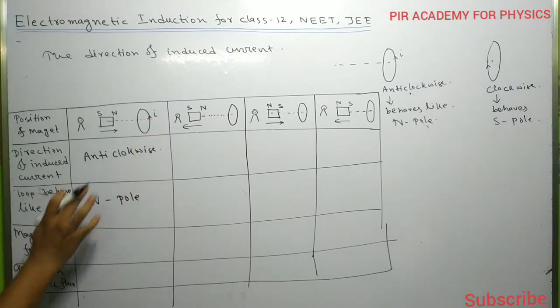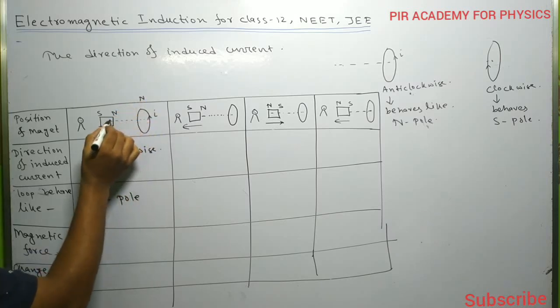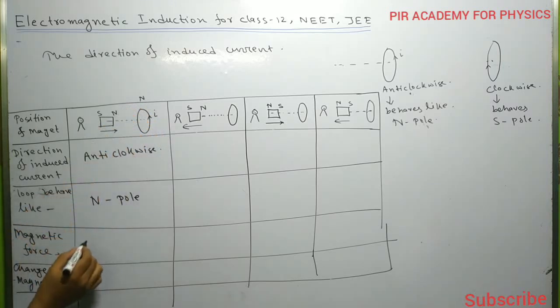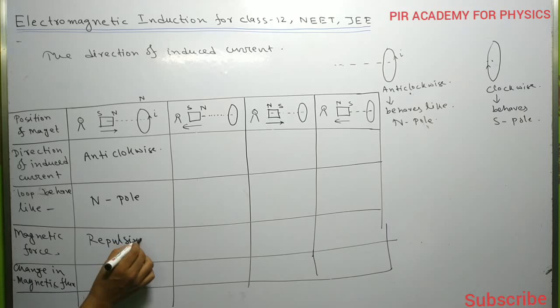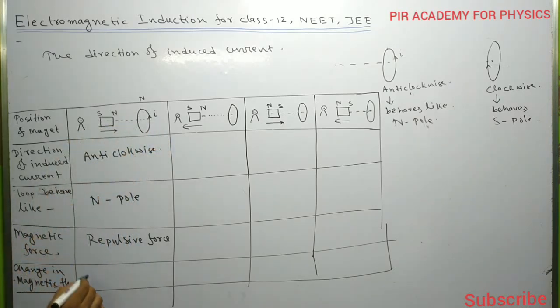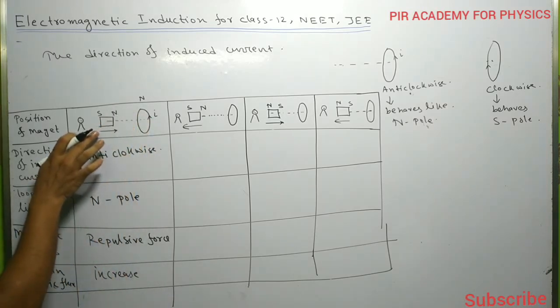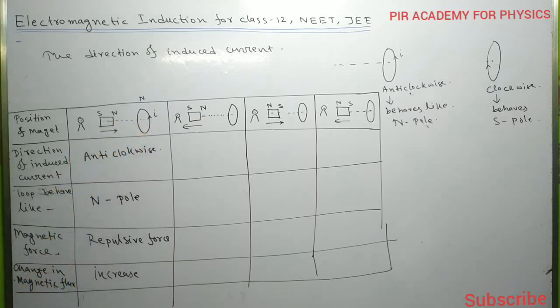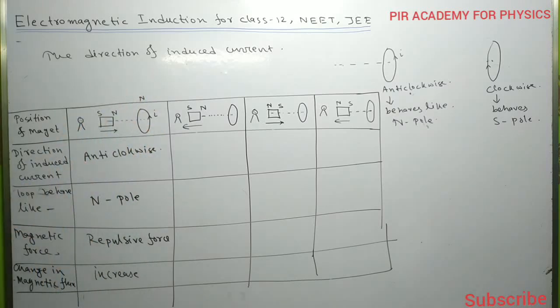What is the magnetic force? If this loop behaves like a north pole, and this is also a north pole, that means there will be a repulsive force. And here the change of magnetic flux is an increase. If you move this magnet towards this loop, then the magnetic flux will increase.